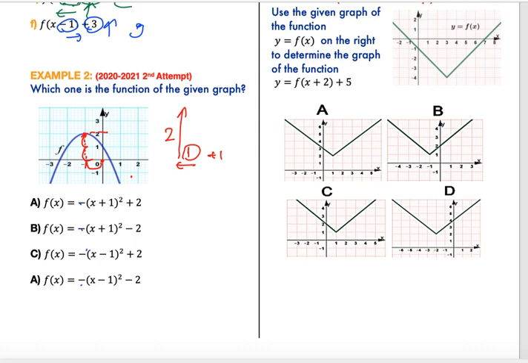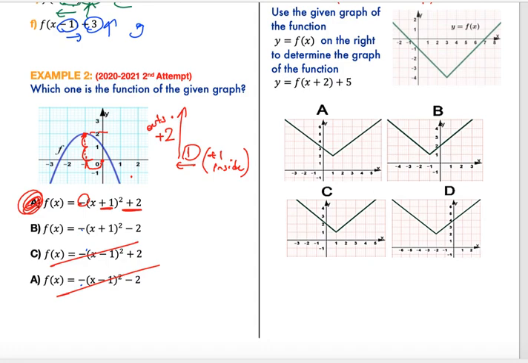So I am looking for +1 inside. Horizontal changes are inside, so I am looking for +1 inside, not -1, either A or B. And +2 represents 2 units up. This is outside change. So outside of the function, I am looking for +2. +1 inside, +2 outside, negative in front because of the reflection. So that's my answer, option A.